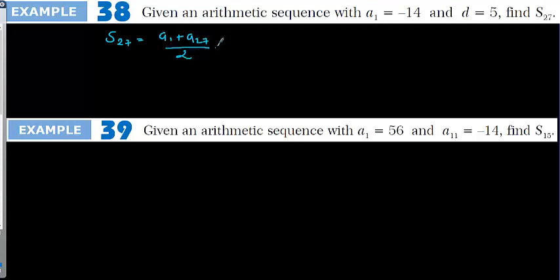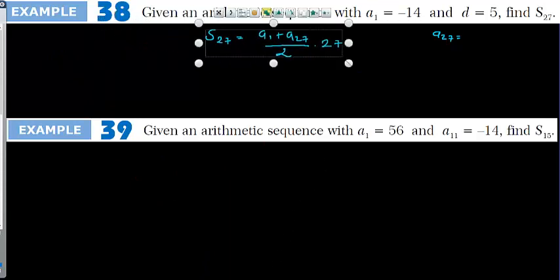This is going to give us the formula times 27. There are 27 terms here. I need a27. I'm going to keep this one right here, and I'm going to find what is a27.